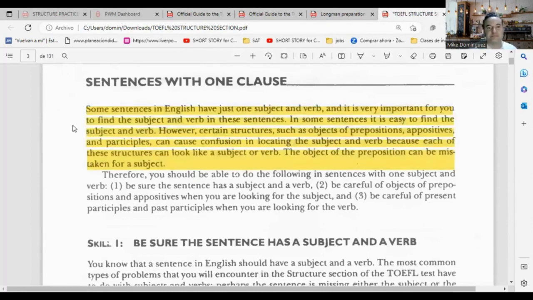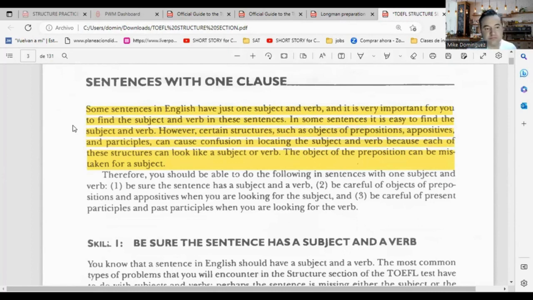Some sentences in English have just one subject and verb, and it's very important for you to find the subject and verb in these sentences. In some sentences, it is easy to find the subject and the verb.